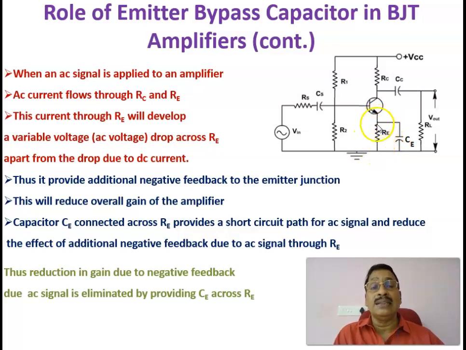This drop acts as a negative feedback to the amplifier, so the effect of negative feedback gets reduced, and the reduction in gain of the amplifier is reduced. That's the function of this capacitor connected across RE, the emitter bypass capacitor.